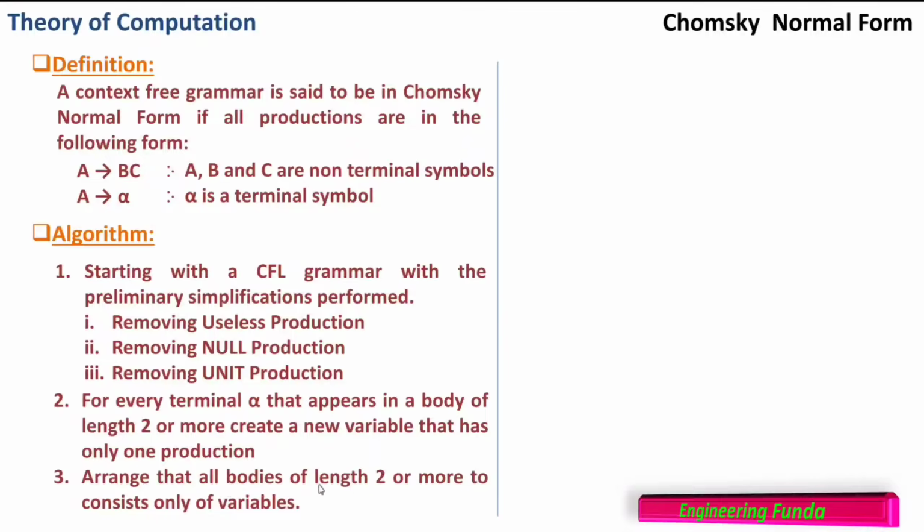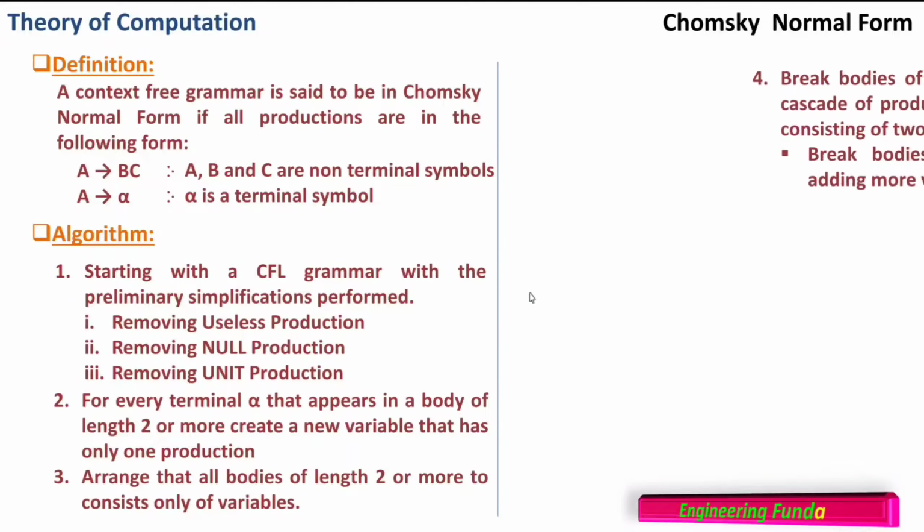Arrange that all bodies of length 2 or more consist only of variables. So for all the productions having length 2 or more on the right hand side, we have to convert every character present on the right hand side to be only variables.